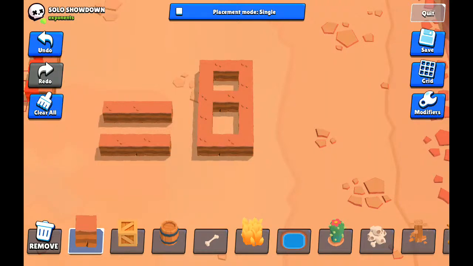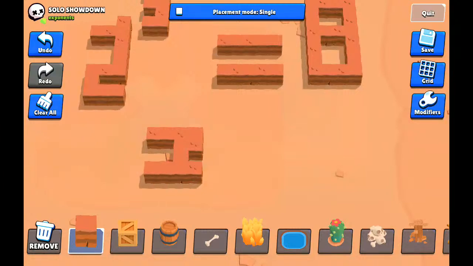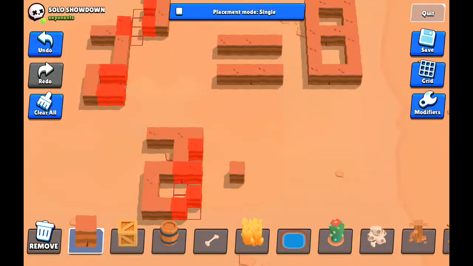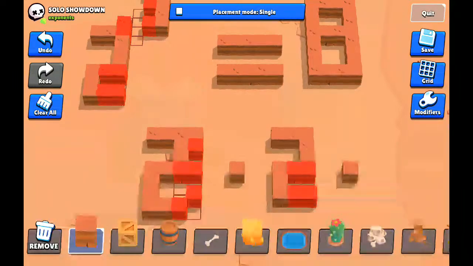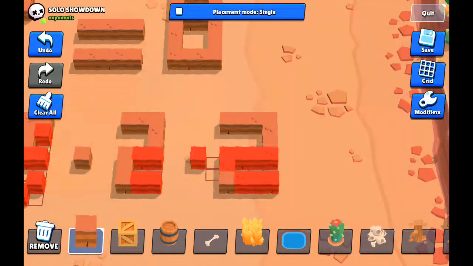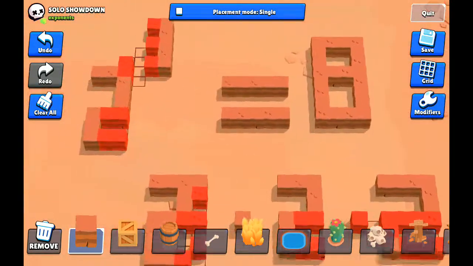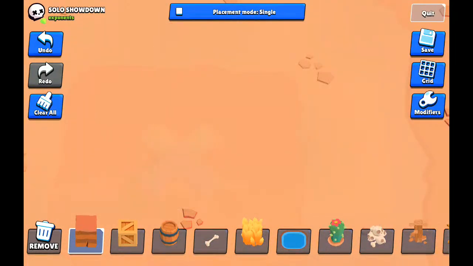So it's 2 to the power of 3 is 8 because it's 2 times 2 times 2. So yeah, you just multiply the base as many times as the power says. Got it? Alright.